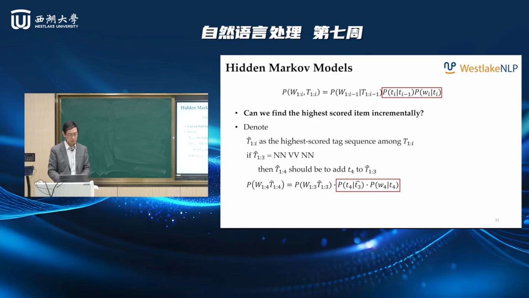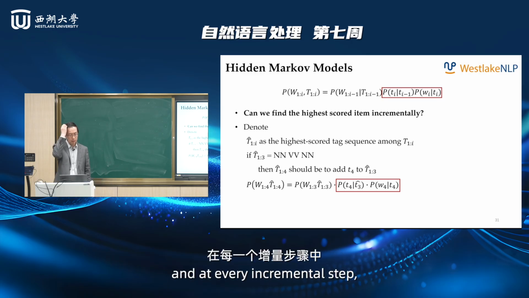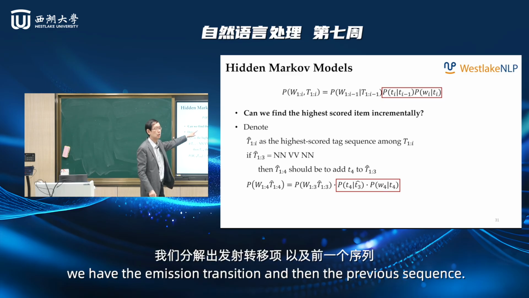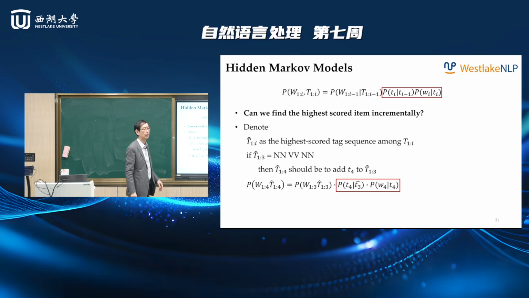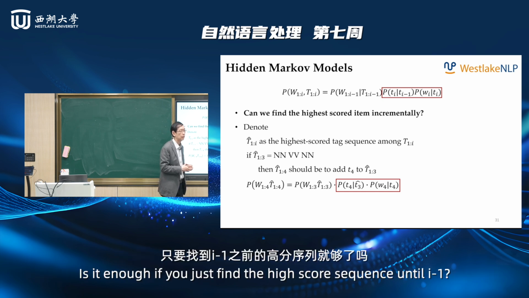So all we did is summarize this into an incremental part, and at every incremental step we have the emission and transition, and then the previous sequence. Now my question comes. If you want to find the highest scored sequence until location i, is it enough if you just find the highest scored sequence until i-1?